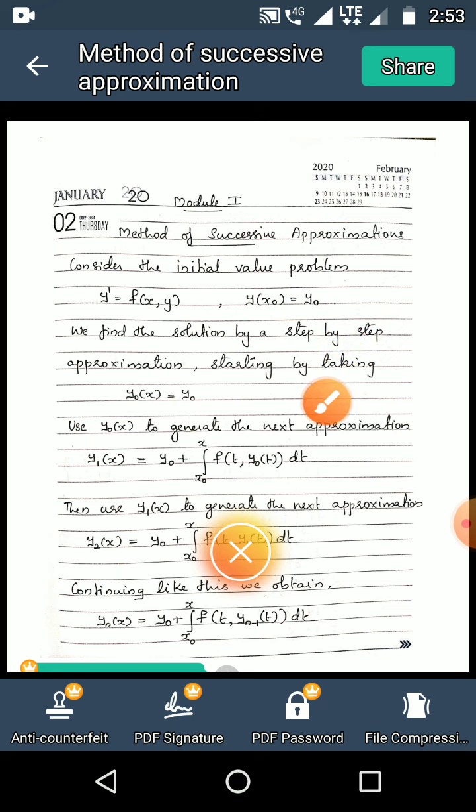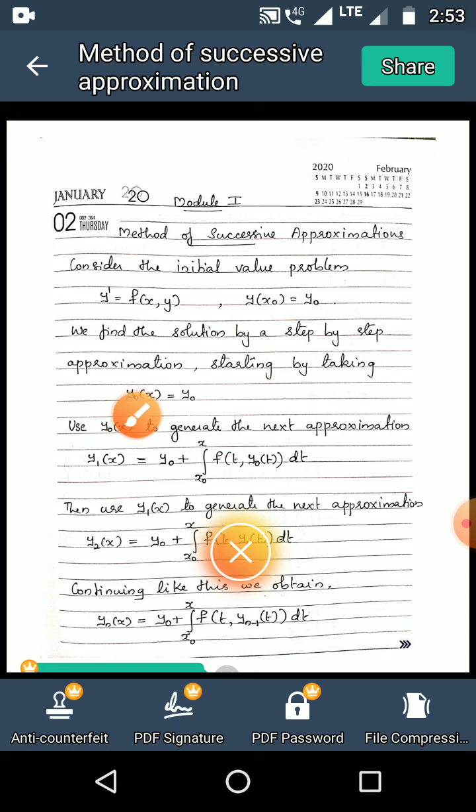We start by taking y naught of x is equal to y naught. This is the first approximation to the solution. The initial value of y is given; from the initial condition y of x naught is equal to y naught, we can take y naught. So the first approximation is denoted by y naught of x and it is given as y naught.